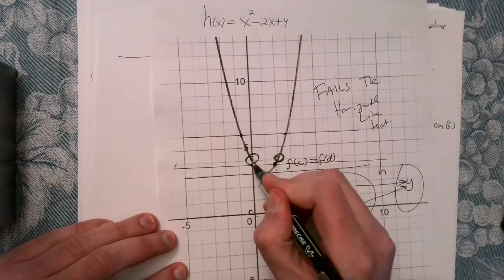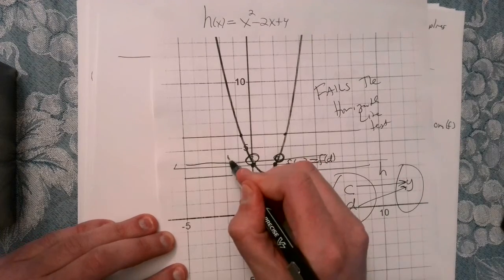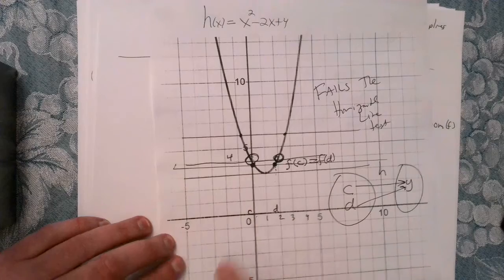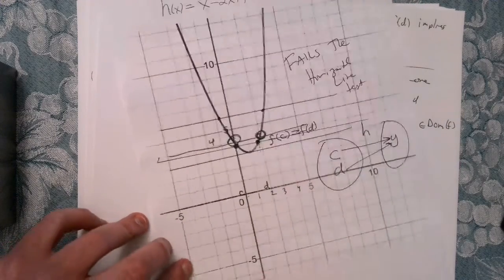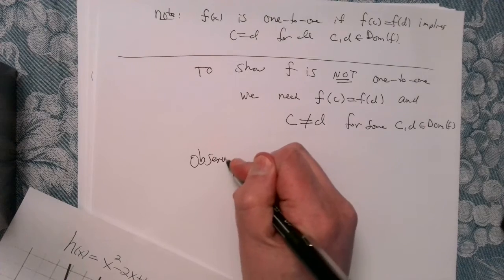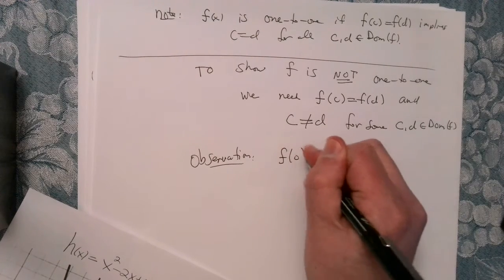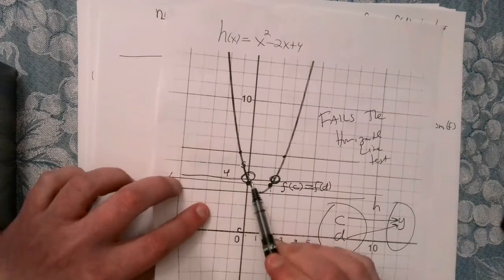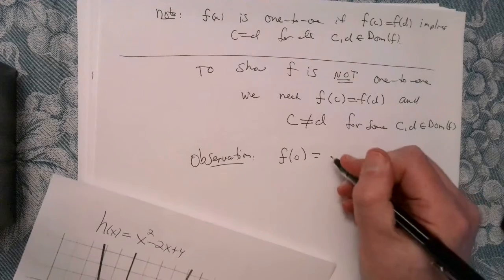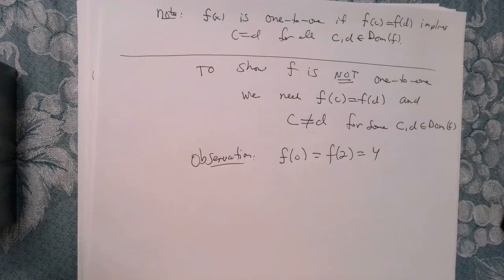And that y value right here looks like 4. So here's the observation we want to make. Let's organize this. f of 0, that's this y value, is 4, and f of 2 both equal 4.